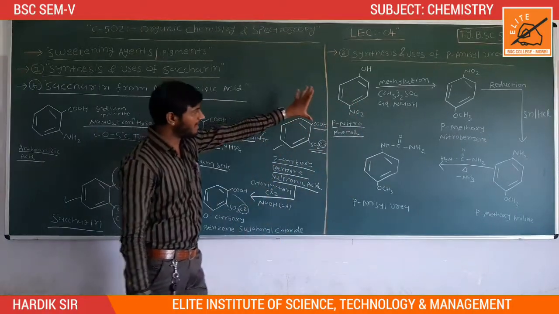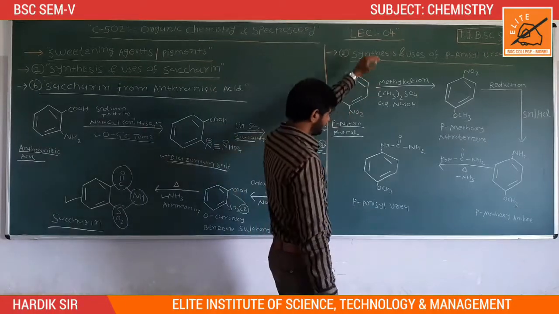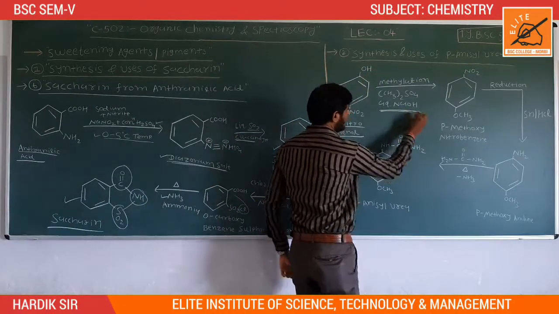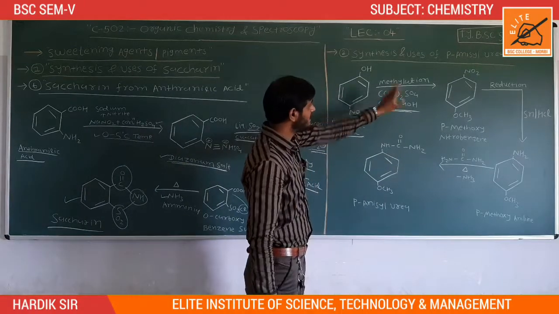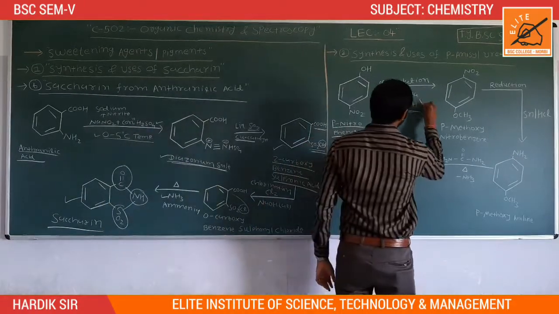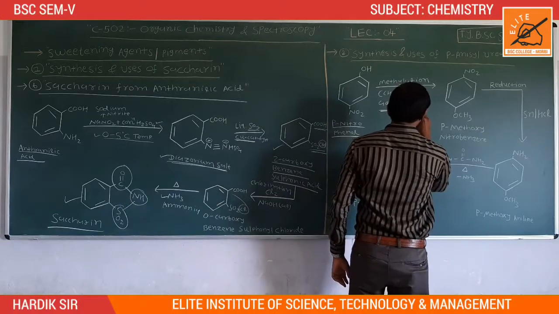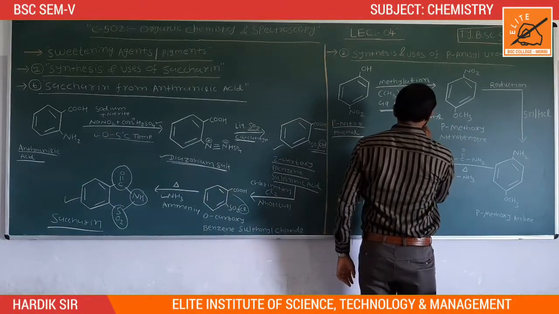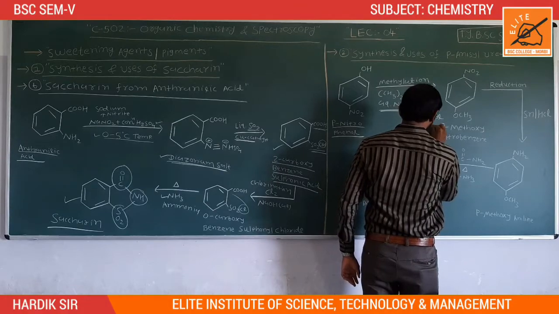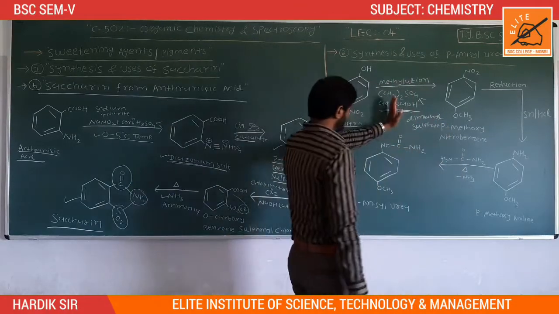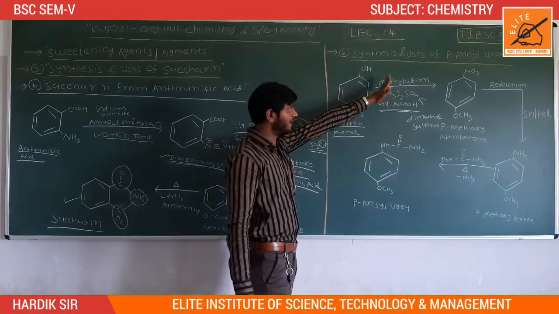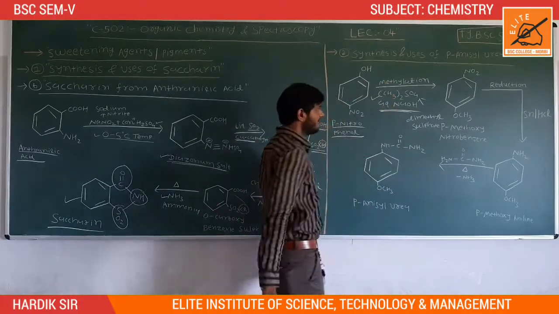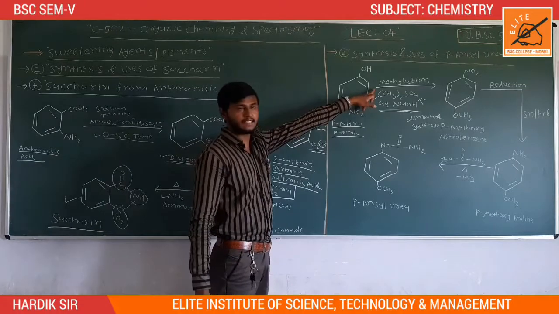We take para-nitrophenol in aqueous NaOH and react it with dimethyl sulfate. This process is called methylation because we use dimethyl sulfate as the reagent.